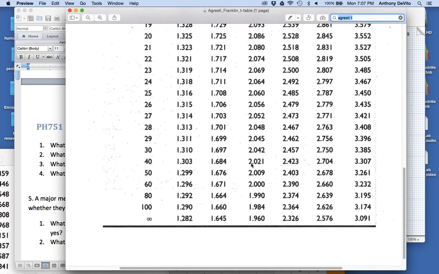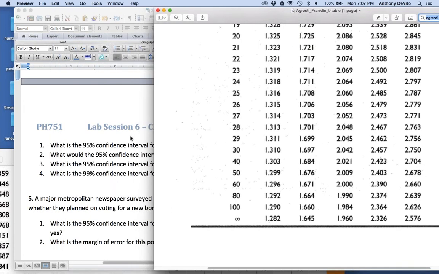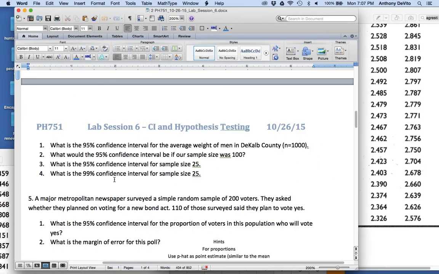It's getting pretty close to 2 as we're getting into 30. So once we get over 30, a lot of times we'll just default to 1.96, especially in our initial calculations. So if that comes up, you can use that as an excuse to use the z-score.